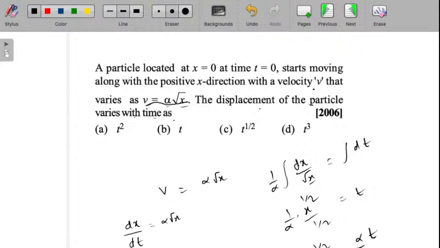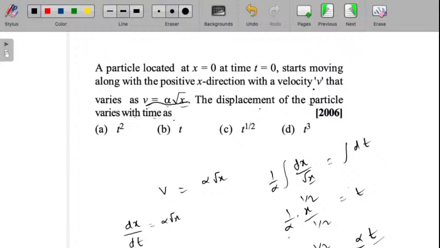As we have discussed already, integral x power n dx is x power n plus 1 by n plus 1. When n equals minus 1 by 2, just substitute it here. You would get x power minus 1 by 2 plus 1 divided by minus 1 by 2 plus 1. This is x power 1 by 2 by 1 by 2, which is nothing but the value that we are seeing. So I would get x power 1 by 2 as alpha by 2 into t.